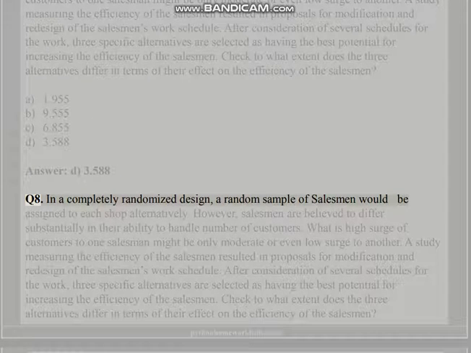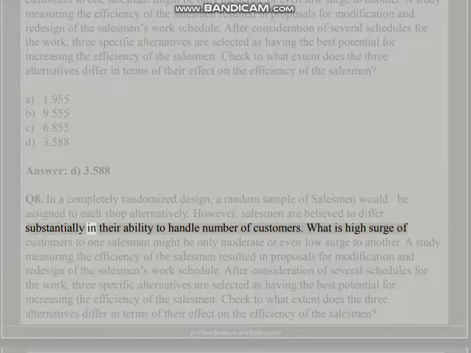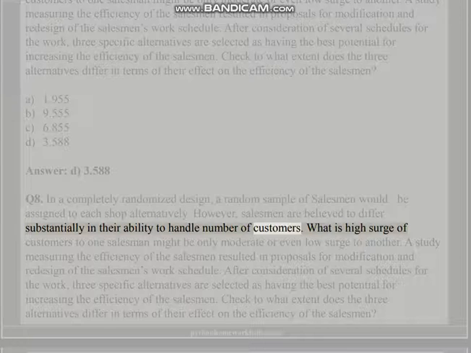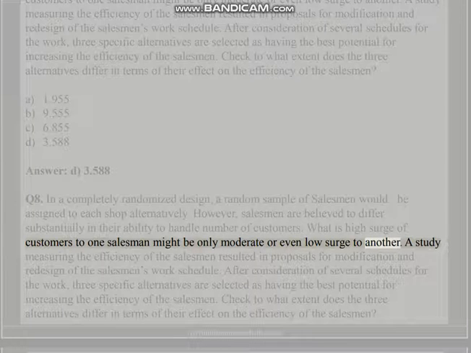Q8. In a completely randomized design, a random sample of salesmen would be assigned to each shop alternatively. However, salesmen are believed to differ substantially in their ability to handle number of customers. What is a high surge of customers to one salesman might be only a moderate or even low surge to another.